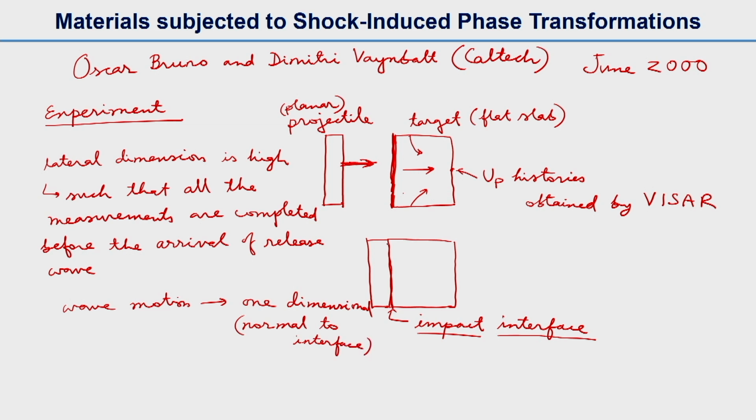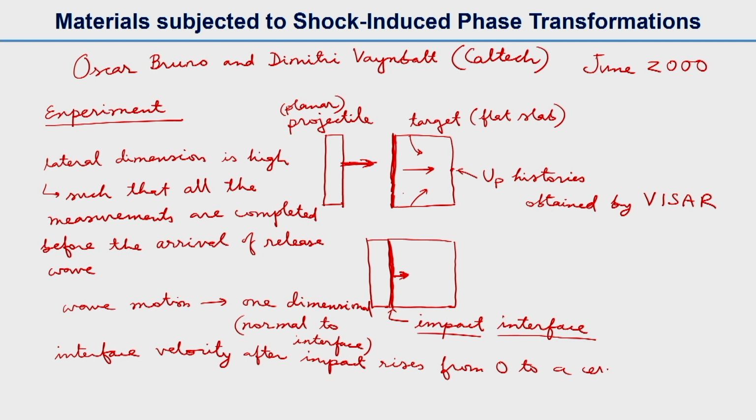After this impact, the interface velocity rises from 0 to a certain value, let us say Vi, in a very small time, let us assume t star.